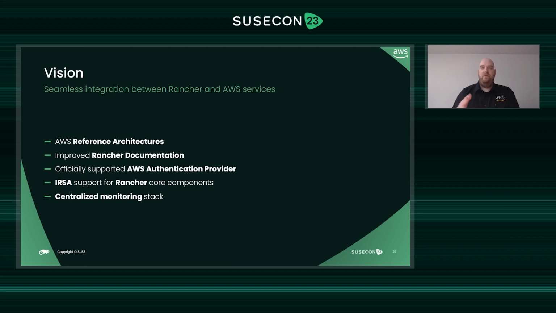Then building an officially supported AWS authentication provider and having IRSA integration into all Rancher core components. So for example, for the deployment and management of EKS or EC2 resources, that requires an access key as of today. Usage of IAM roles and service accounts would increase the security and simplify the setup.